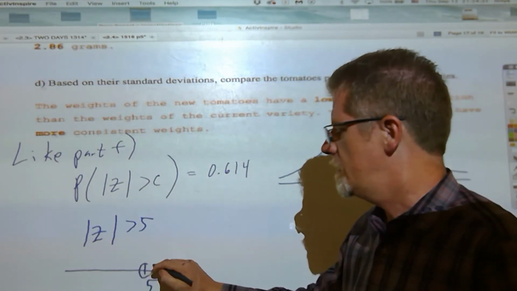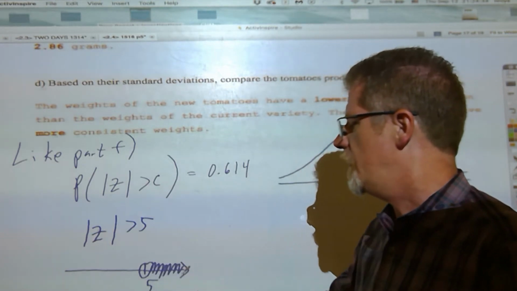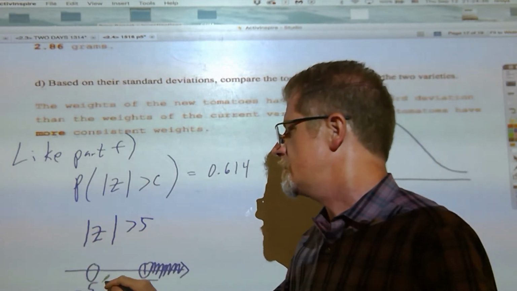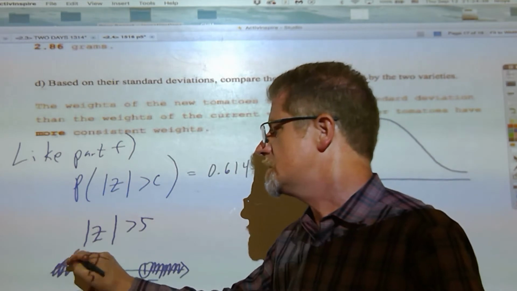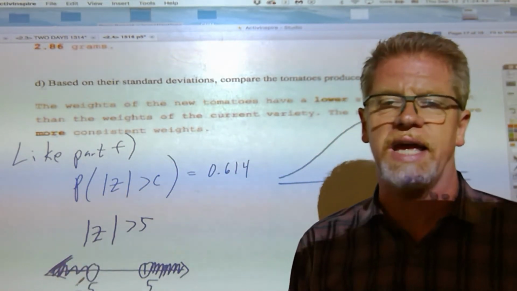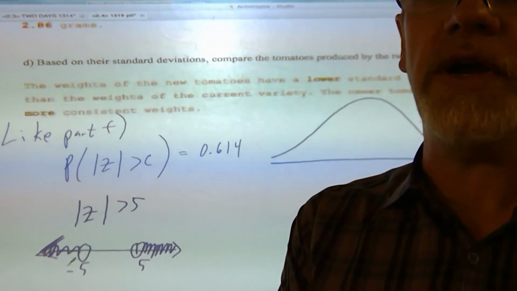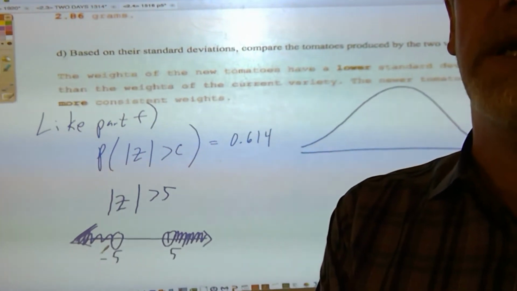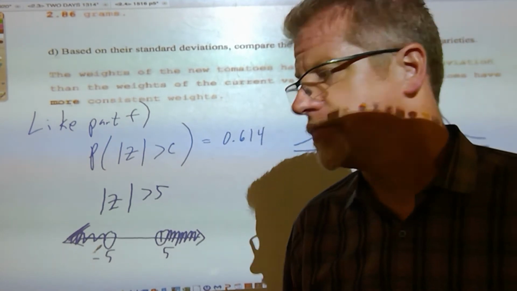So any values on the number line that are greater than 5, or any values that are less than -5, would be considered. These shaded values are numbers whose absolute value is greater than 5. You probably remember that from studying absolute value back in Algebra 1.